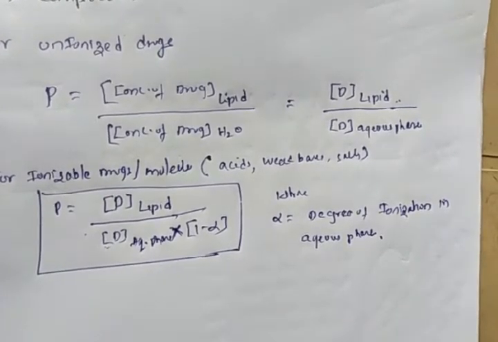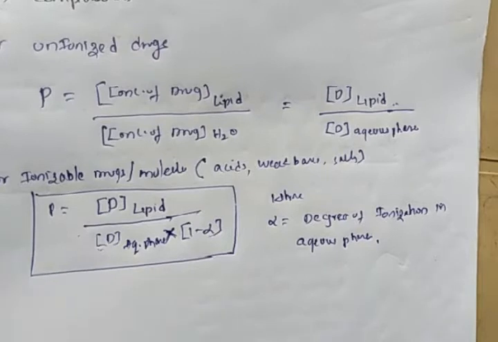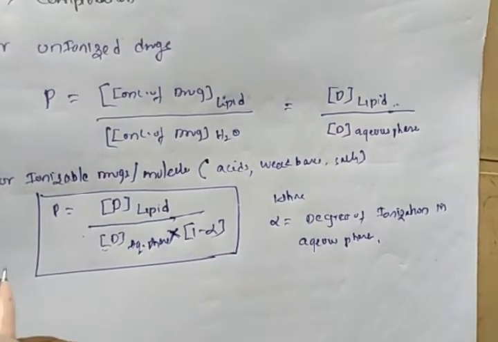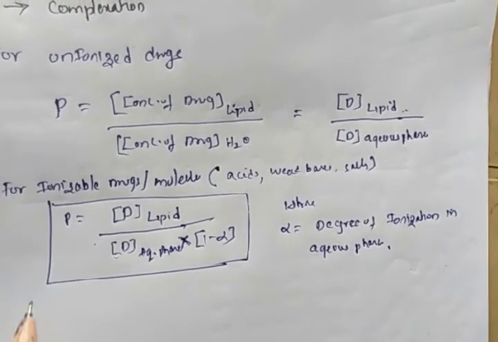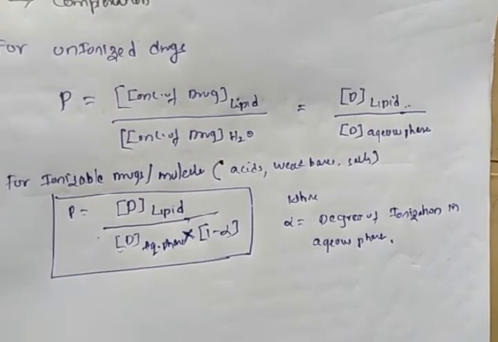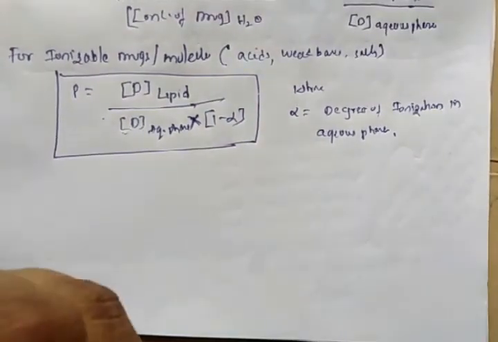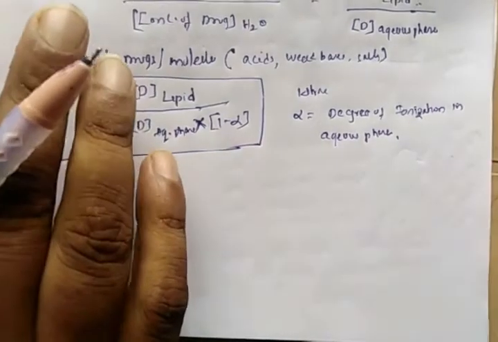Partition coefficient in vitro means it is measured in the laboratory, like in our chemistry lab, where we do this experiment.